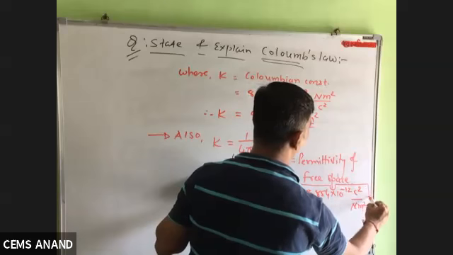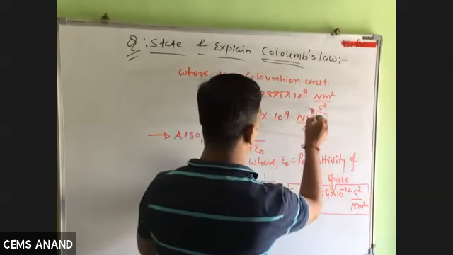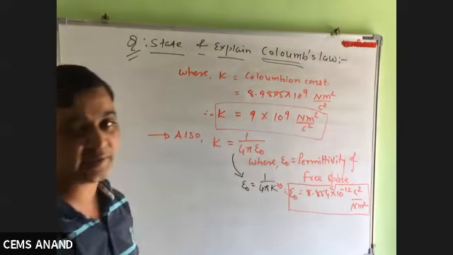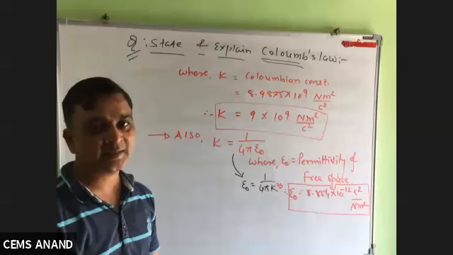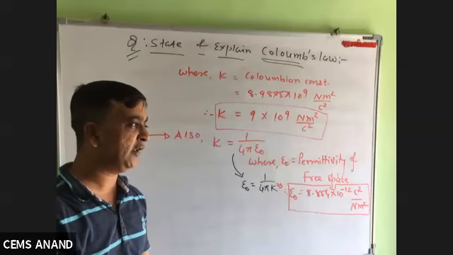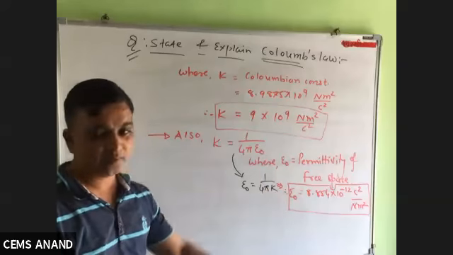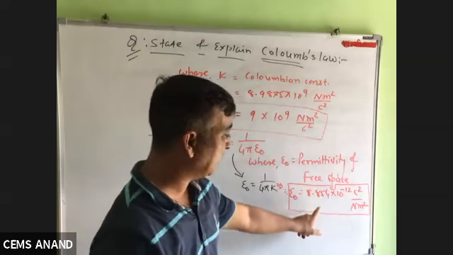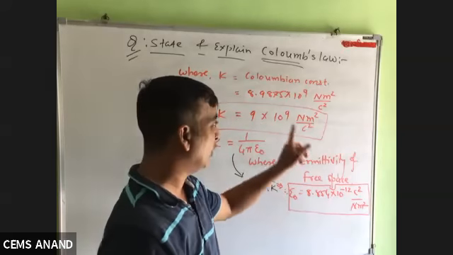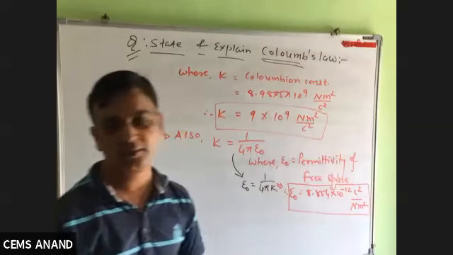Please remember these two values along with their units. They were asked as an MCQ in board papers as well as other papers in past years. So please remember these two values, mind well, not only the digits, but the unit as well.